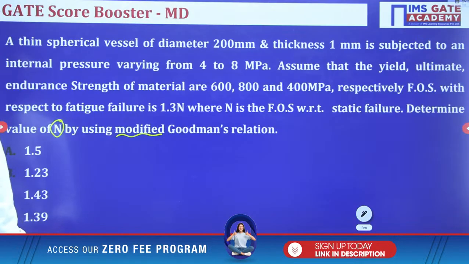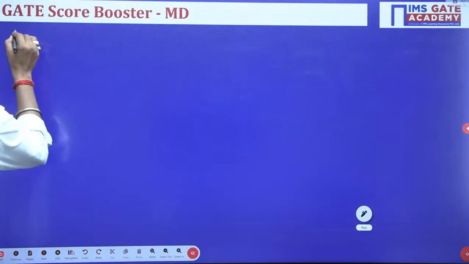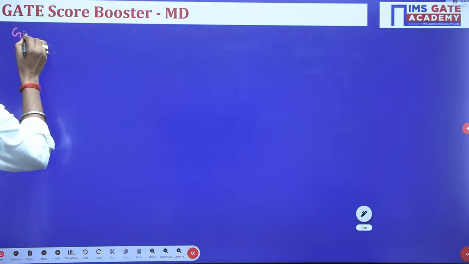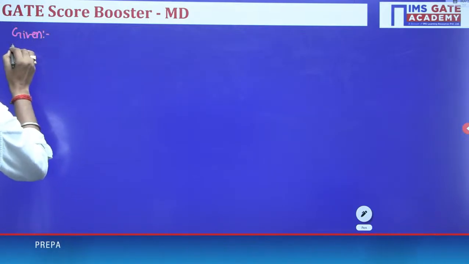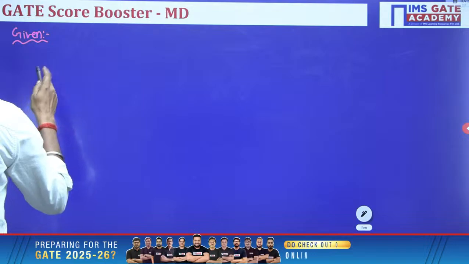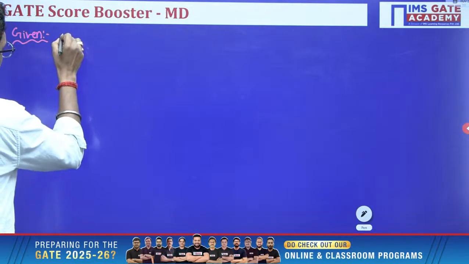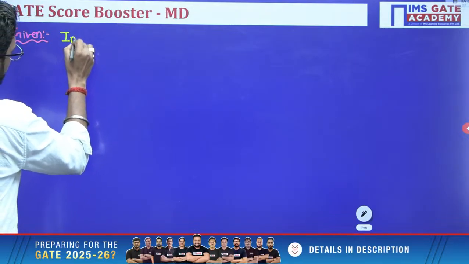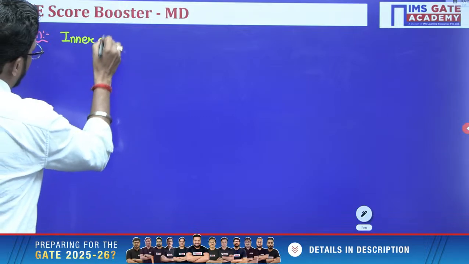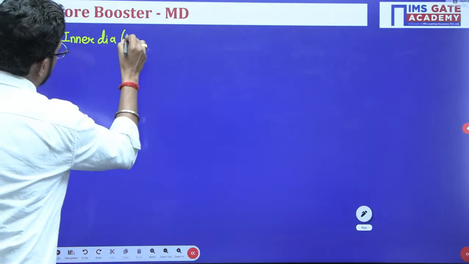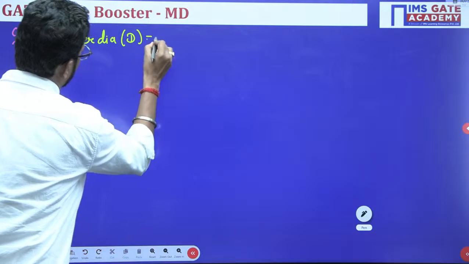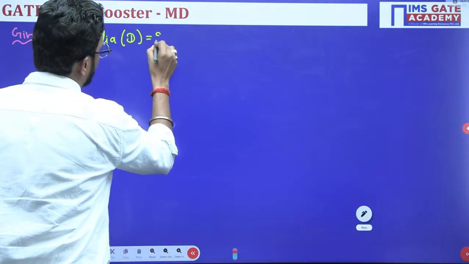Okay, so what is given? Given is the inner diameter D, let's suppose, 200 mm.